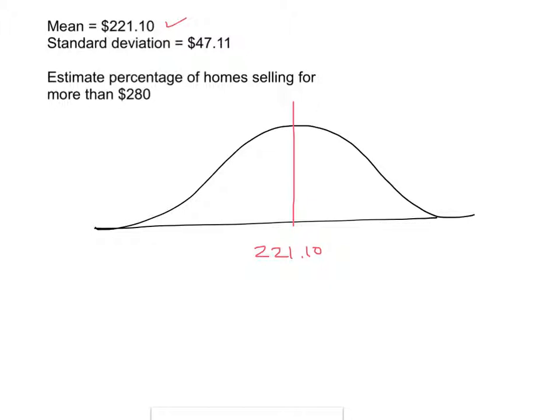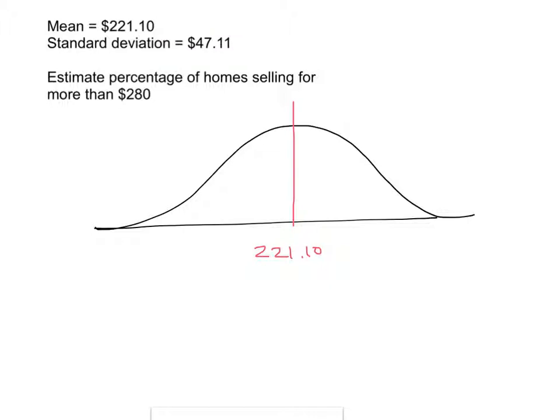So if I take 221.10 and I add 47.11, I get 268.21. Well, what does that mean? That means I'm one standard deviation above the mean. Hopefully you remembered that one standard deviation is 68% of the data, two standard deviations, 95% of the data, and so on. Not that important for this problem, but it's good to understand.